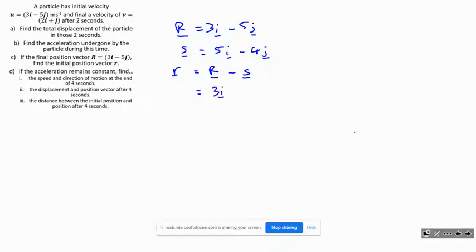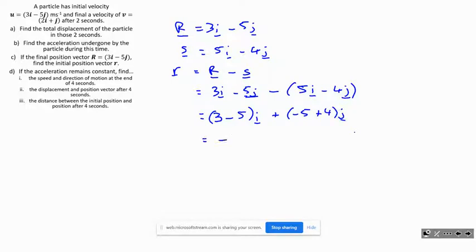So that's 3i - 5j, and we're taking away 5i - 4j. Careful of the double negative there. So we have 3 minus 5 i's, and then we have negative 5 plus 4 j's, which is negative 2 i's, take away 1 j. That will be our initial position.